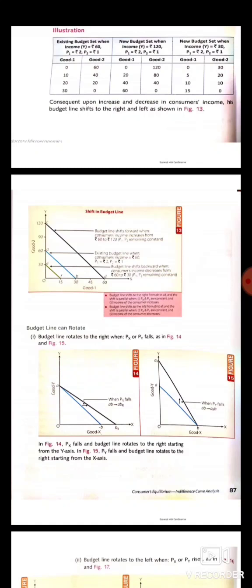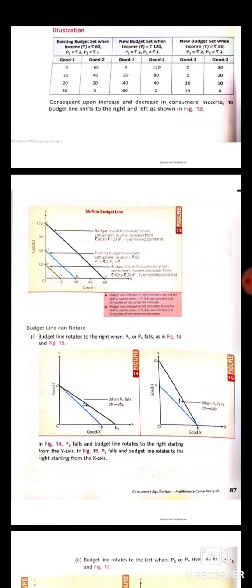But in the second case, suppose the income of the consumer increases to 120 rupees, then his budget line will also shift to its right direction, because now the consumer can purchase more units of commodity 1 and commodity 2, because his income has increased.